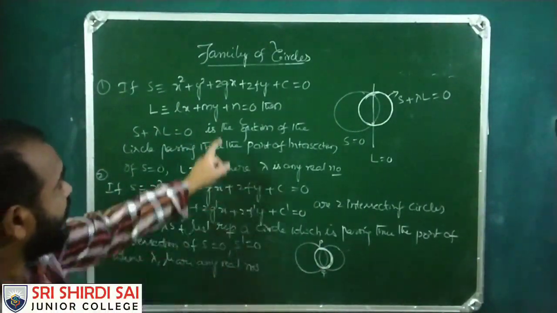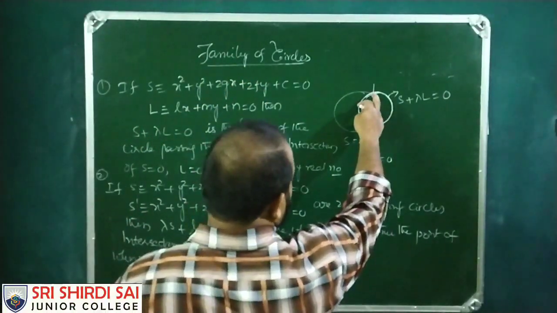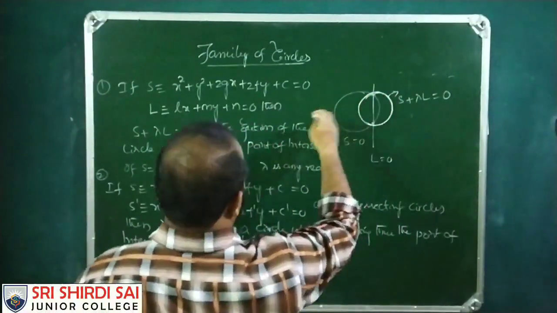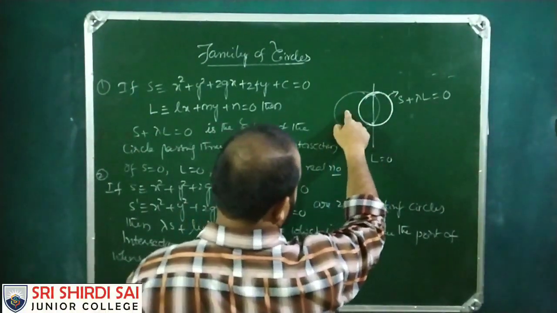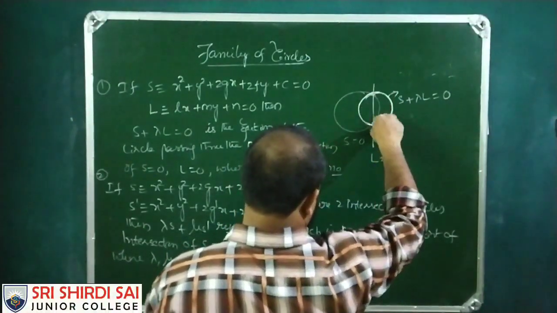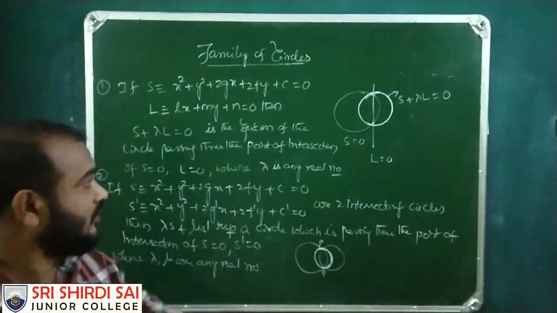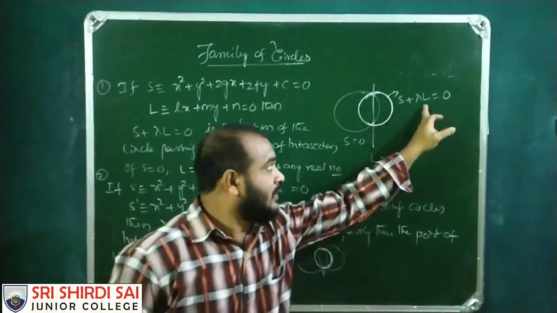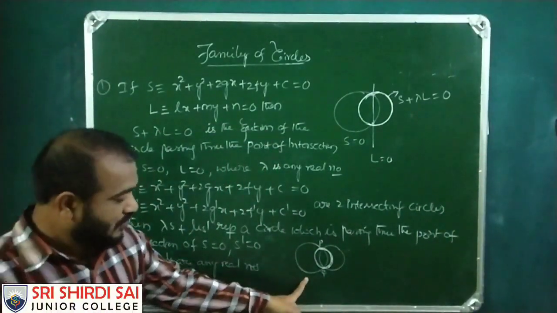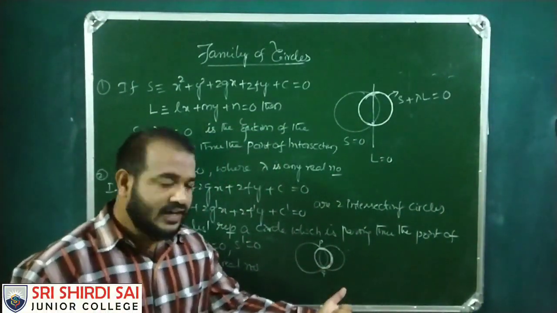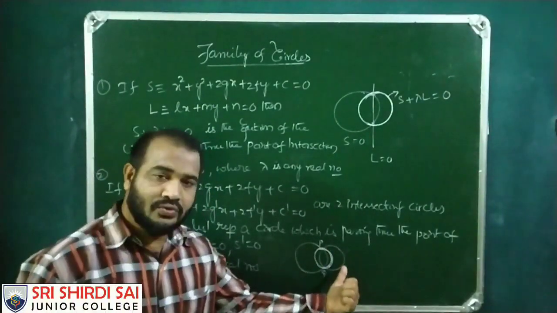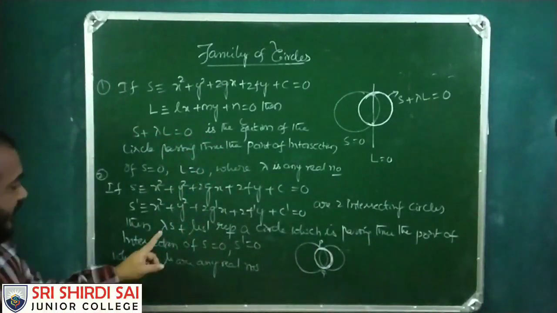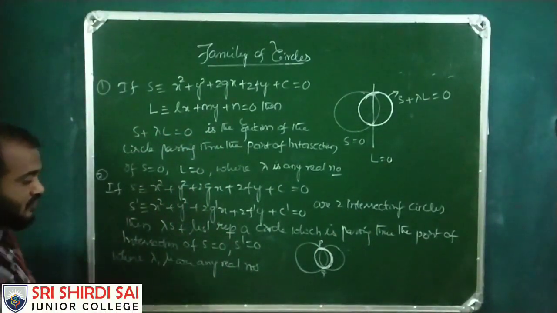Then why am I calling it a family of circles? Because not only one circle passes through the point of intersection of S equals 0 and L equals 0. There are so many circles passing through those points, and every one is of the form S plus lambda L equals 0. So is the case here also. There is not a unique circle passing through the point of intersection of these two. There will be many circles of the form lambda S plus mu S dash equals 0.